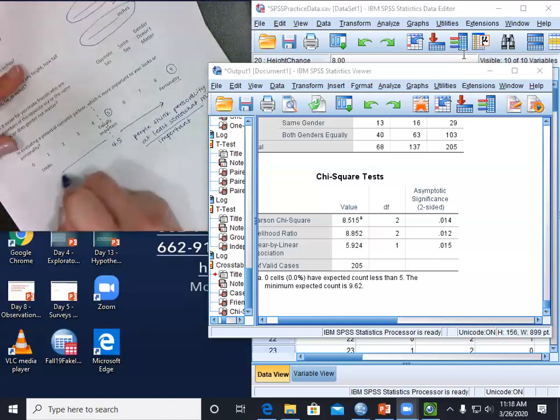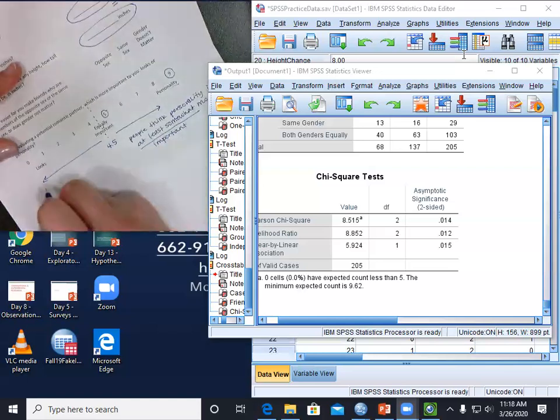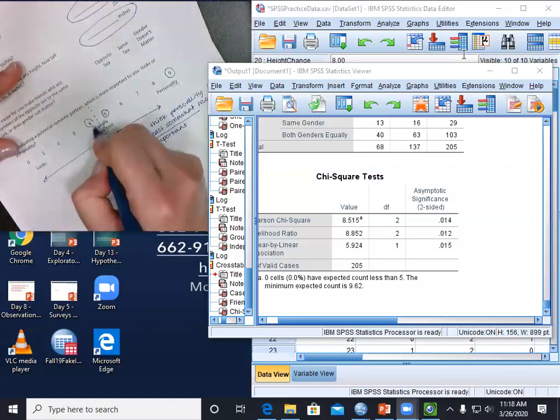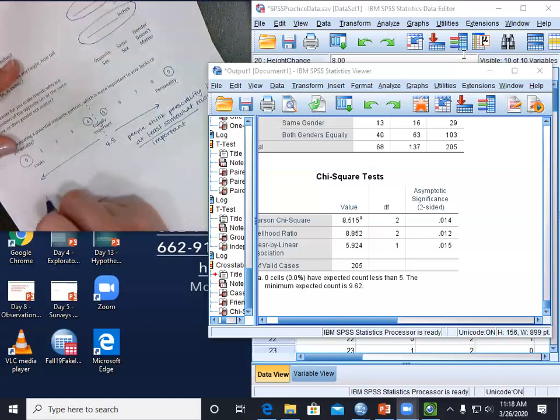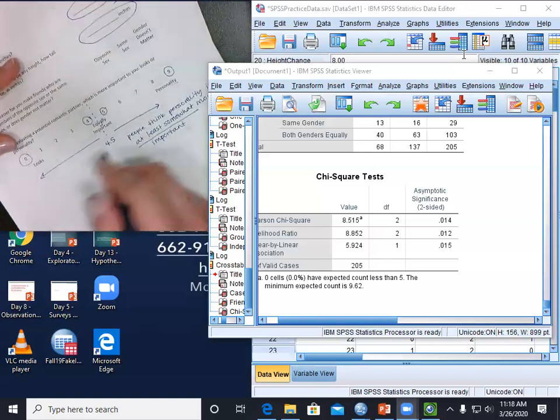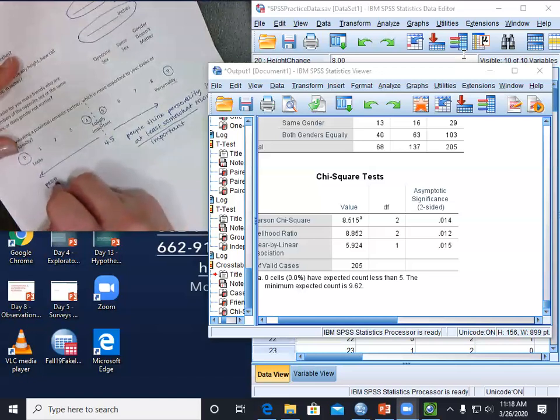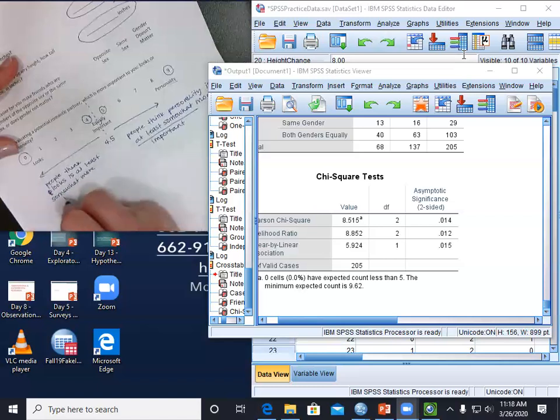If they answer significantly below 4.5, this means that people, either a little bit or a lot, think that looks is more important than personality. So a mean value less than 4.5 would suggest that people think looks is at least somewhat more important than personality.